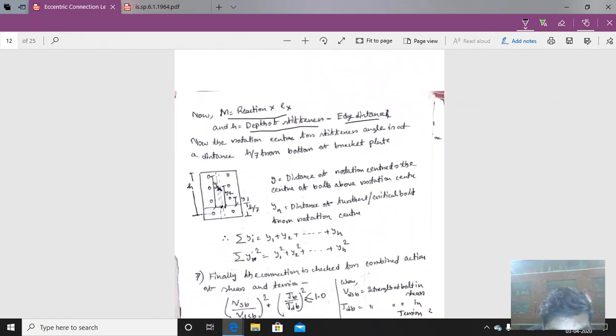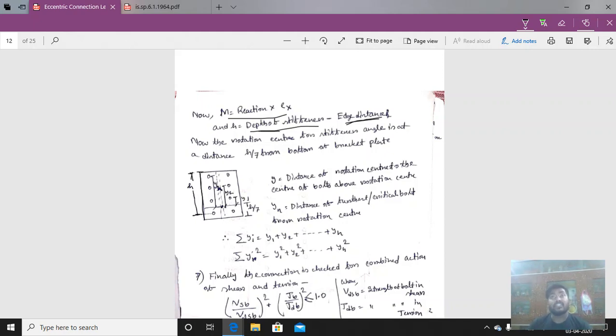If we see clearly here, if this is the stiffener angle, from here to here is the total length, and from here is the depth of the stiffener. From here the edge distance is deducted. We calculated the minimum edge distance when designing the connection.